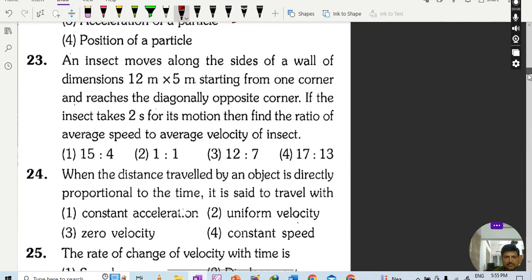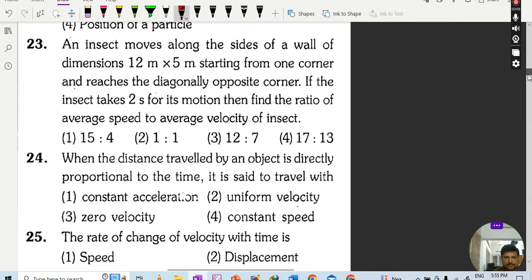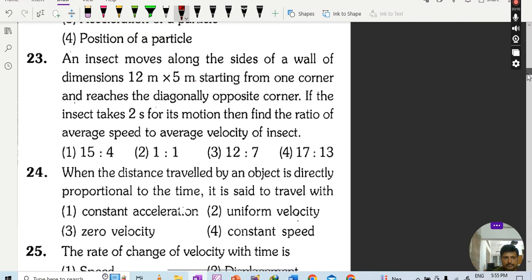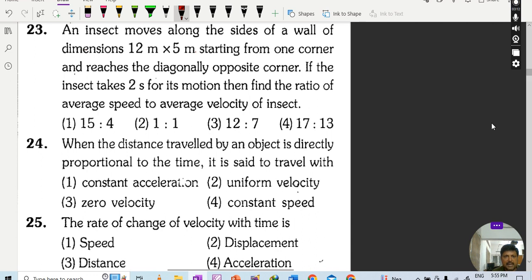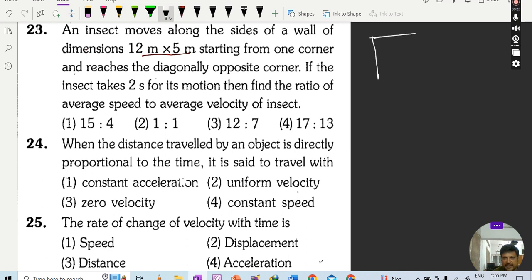Next, my dear children, 23rd question. An insect moves along the sides of a wall of dimensions 12 meter into 5 meter. Here this is 12 meter, this is 5 meter. Consider this is the insect.